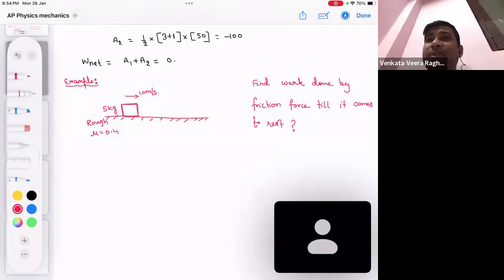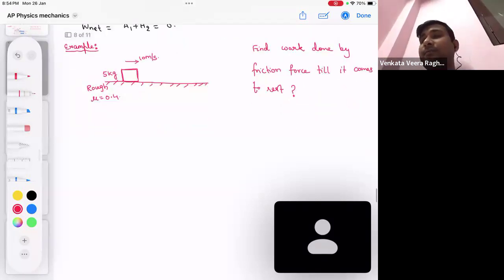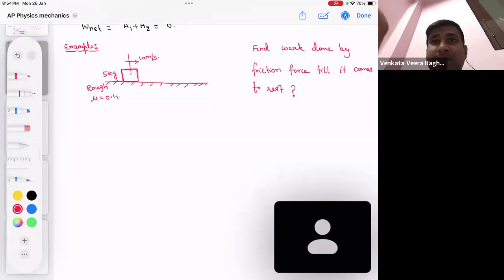Tell me which one you want me to use, the work energy theorem or just the definition first? Let's use the definition first. Then in the next class, we'll discuss the work energy theorem, and you will see the same question can be solved with less calculation. So if it is going to come to rest, I should find out when it will come to rest.